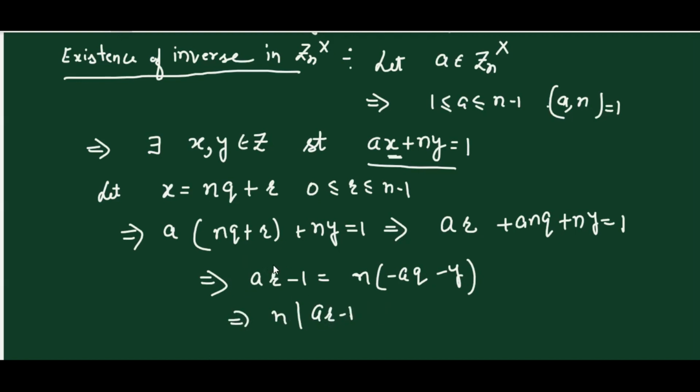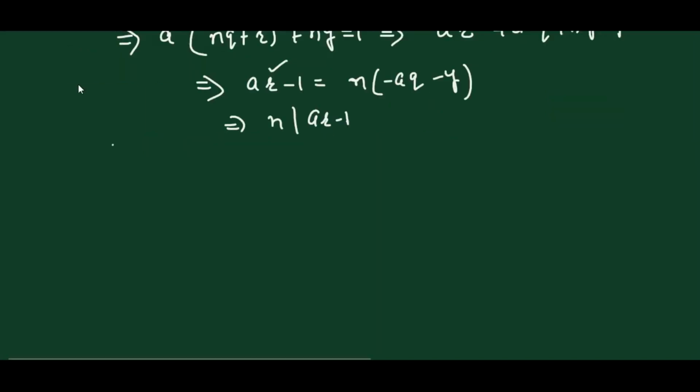Now we want to see whether this r is the inverse of a or not. The right hand side is a multiple of n, and if you divide the whole right hand side by n, you will get the remainder 0. It means r may be the inverse of a. But for this we have to check whether r lies in the set Zn cross. So we only have to show that r is co-prime to n.